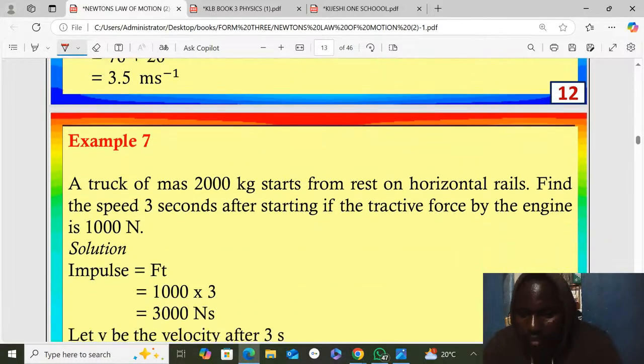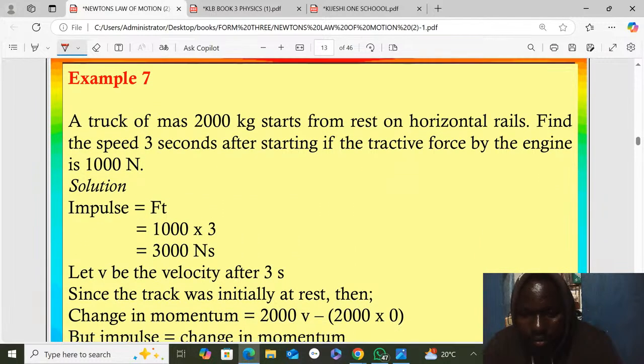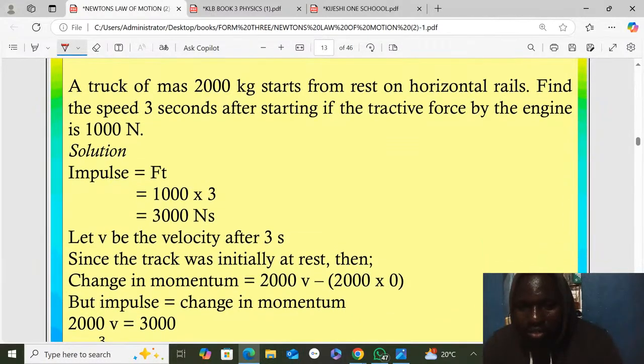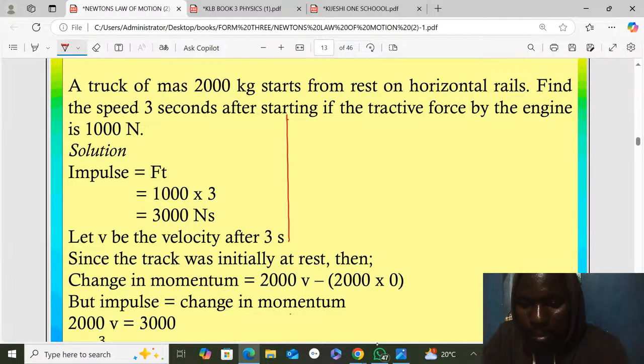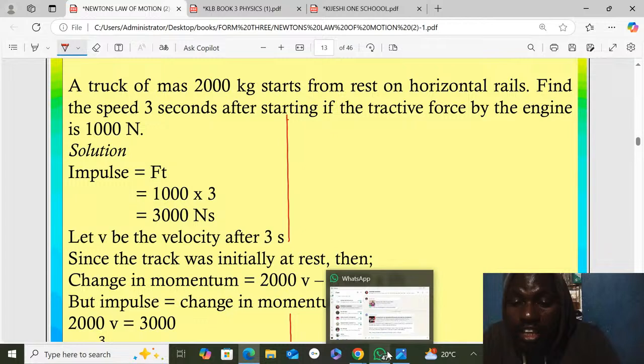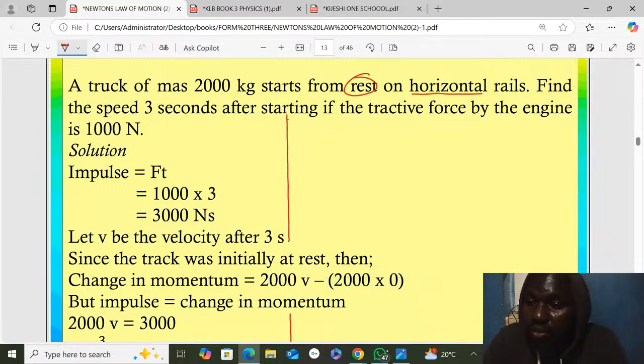We have another example. A truck of mass 2000 kg starts from rest on horizontal rails.